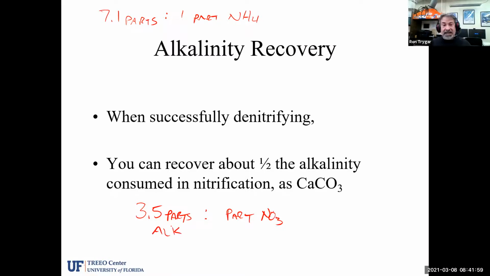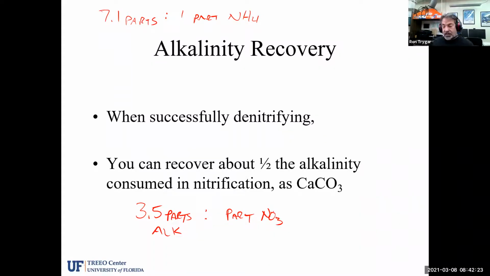So this is where we gain some alkalinity back. And if this is at the head of the treatment plant, then we actually have a boost of alkalinity occurring along with the alkalinity coming in, and we see a supplemental amount of alkalinity present before the aeration tank, which then gives us the amount of alkalinity we need for nitrification.